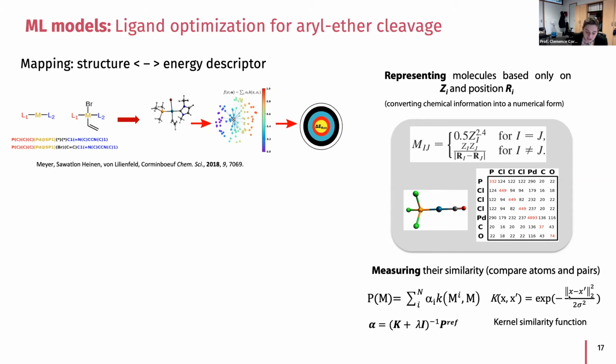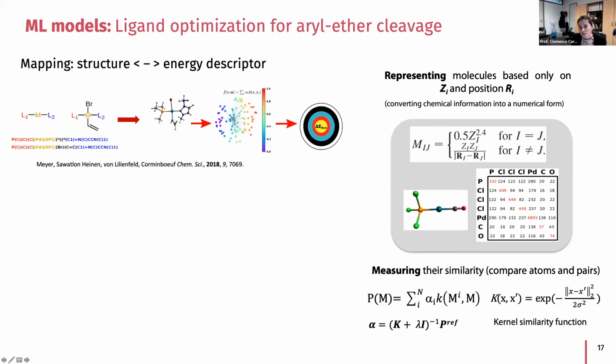And the bottom line is that at the end, we want to make a prediction that is the x-axis of this volcano for a new catalyst M. And this prediction will be made by a sum over training instances, and every training instance gets a weight that you obtain through the training of the model, and the weight is then scaled by this kernel similarity function, measuring the similarity between a new catalyst and the catalysts that are in the training set.